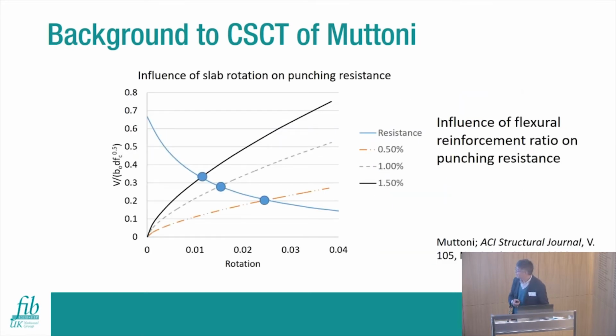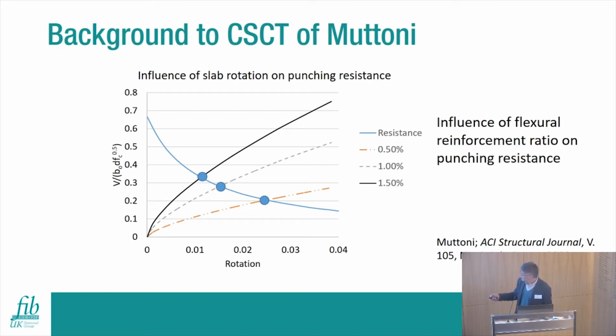This slide here illustrates the basis of the method. So the blue line represents the shear resistance, which reduces with increasing slab rotation. The other lines represent the load rotation response, with lines corresponding to 0.5%, 1%, and 1.5% flexural reinforcement.